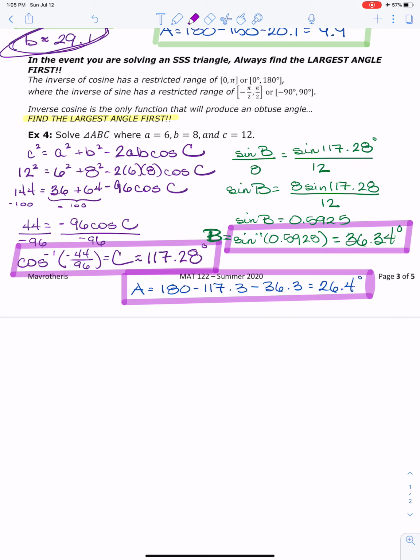Tend to make them a little more precise, but again, perfectly fine to cut them off at 1 decimal place and have angle C as 117.3, angle B is 36.3, and then angle A is 26.4.